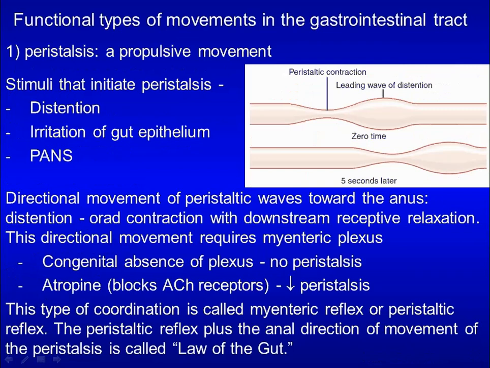There are 2 types of movement in the gastrointestinal tract. One is peristalsis. It is a basic propulsive movement. A contractile ring appears around the gut and then moves forward.